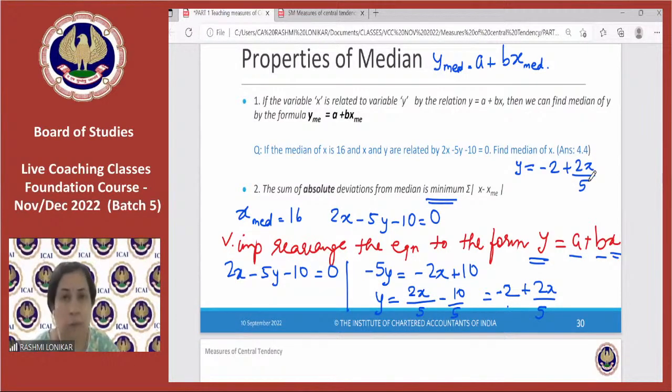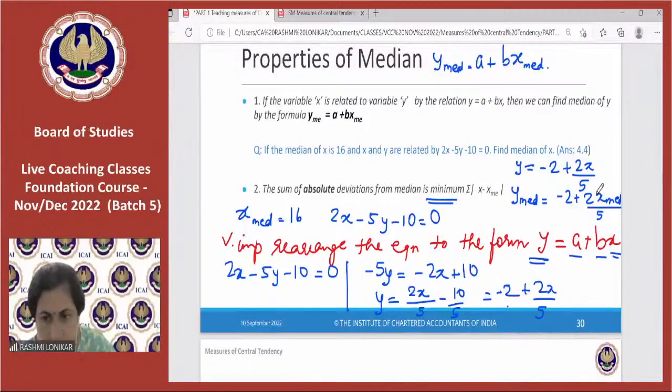Now, what is the property of median? It says that y median will therefore be equal to minus 2 plus 2 x median upon 5. Now, can I substitute the values? This is equal to minus 2 plus 2 into the x median, which is given to us as 16, upon 5.